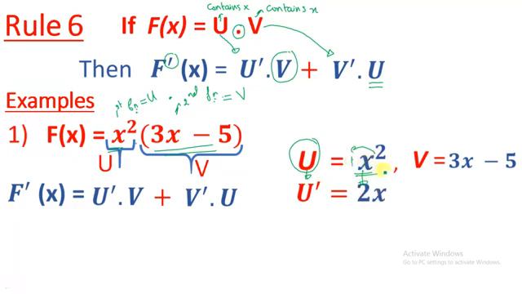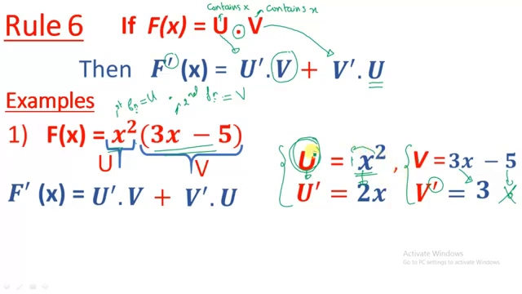Yes, it is 2x. Now رح نعمل derivative للv. What is the derivative of v? It is v prime equals, what is the derivative of 3x? It is 3, and the derivative of 5 is 0. Now we have the first function u and its derivative, the second function v and its derivative.